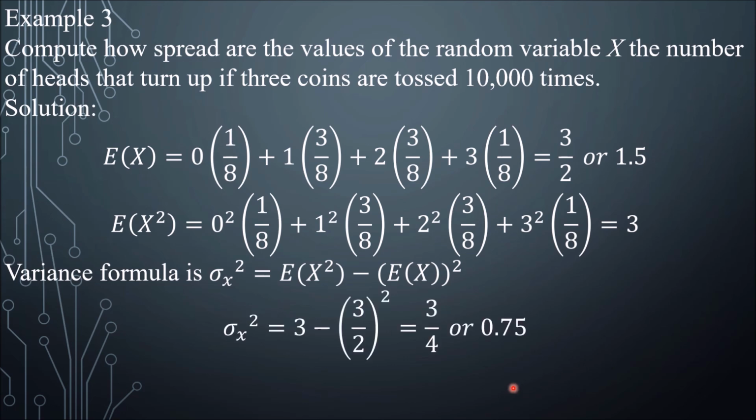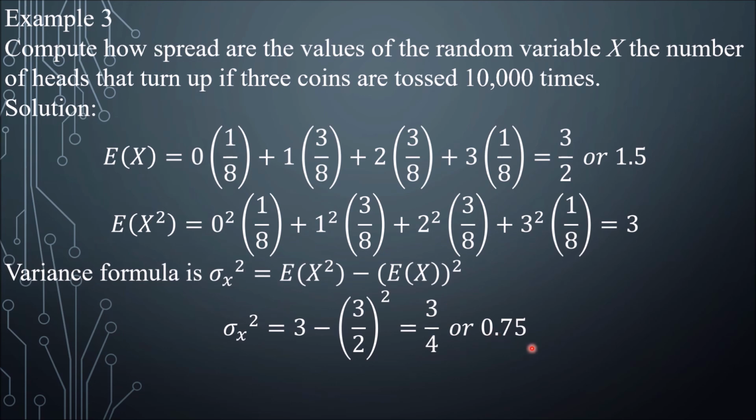Then after that, you will subtract. So E of X squared, that's 3, minus E of X, or the expected value, squared. So that's 3 over 2 squared, because the expected value is 3 over 2. So 3 minus 3 over 2 squared is 3 over 4, or 0.75.